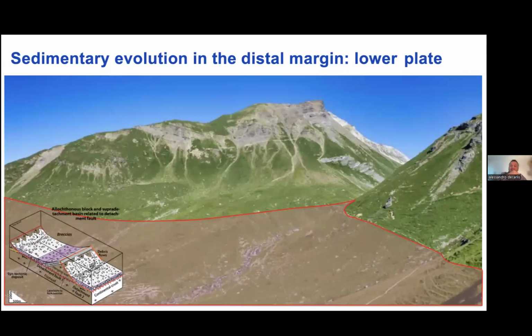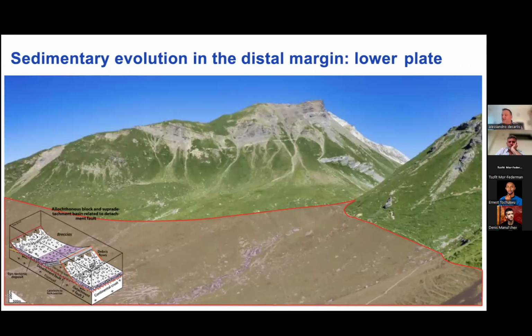So low-angle detachment systems start to exhume the upper crust, then the lower crust, and then the mantle. And on top, you have these large, mountain-sized blocks of stratigraphy, which are possibly transported on top of a sort of conveyor belt, you can imagine.